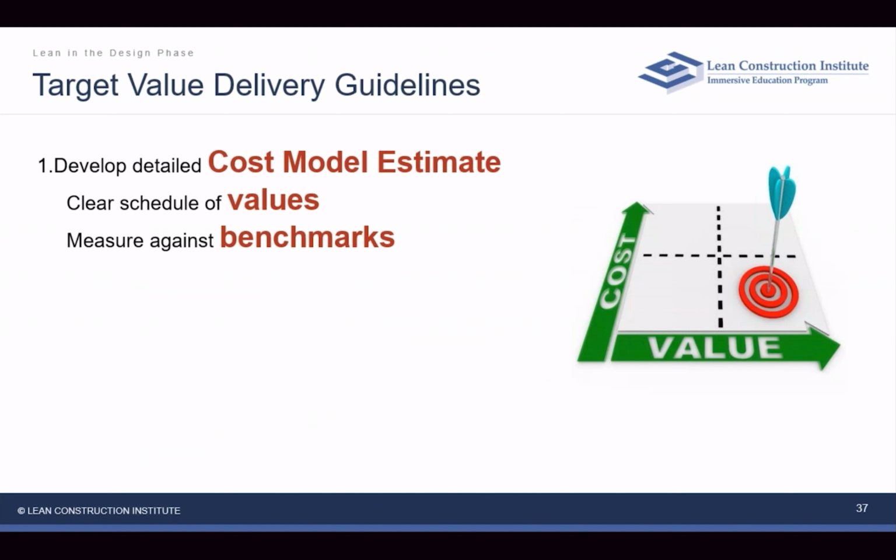So again, when people go through target value delivery, these are some of the guidelines: they develop a cost model, so that they can continually be adjusting it. They have a clear schedule of values, and they measure things against the benchmarks. And then the design is very much to the estimate instead of estimating to the design.